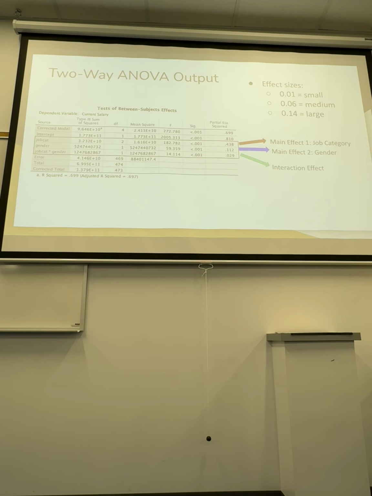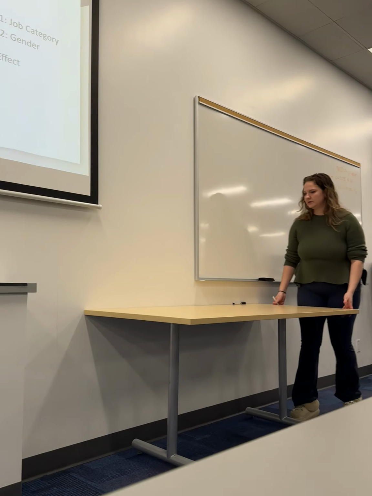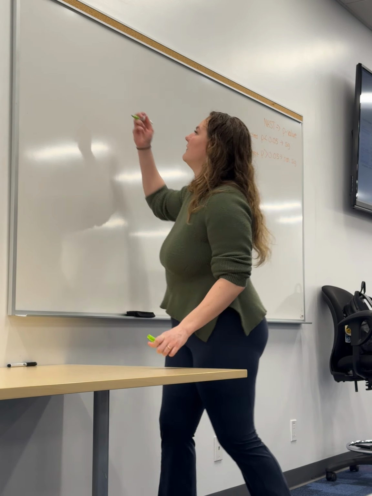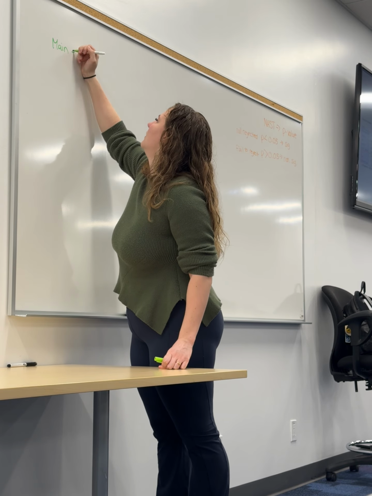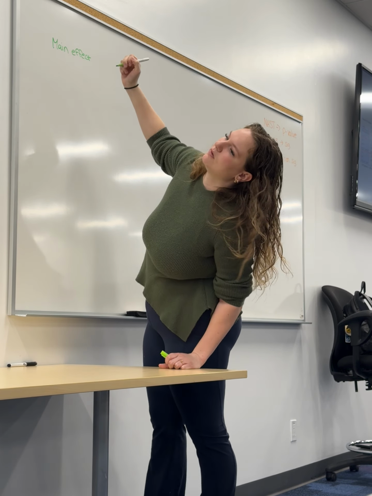So, what's going to happen now is I'm going to go through and show you how to interpret your main and interaction effects. If my markers die, I'm sorry, I'll try and find another one. Okay. So we have a main effect of job category.